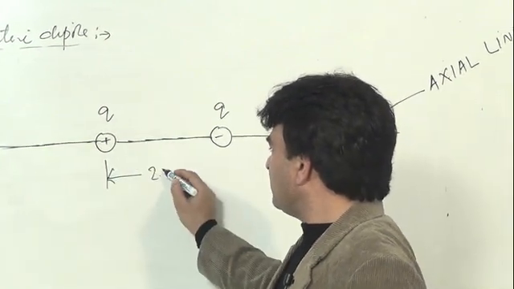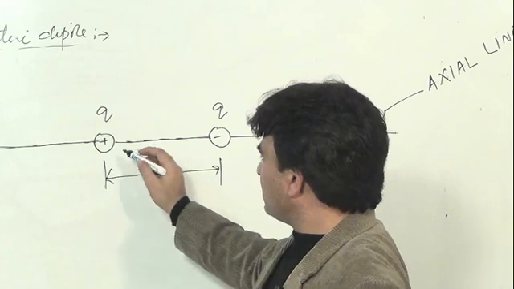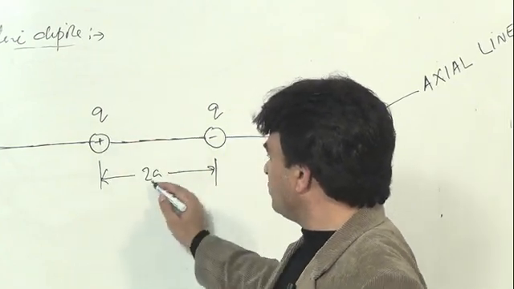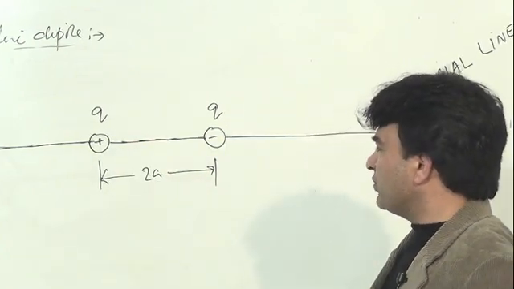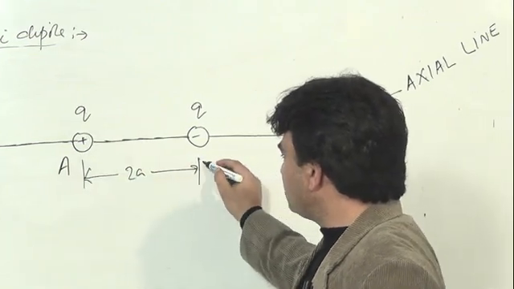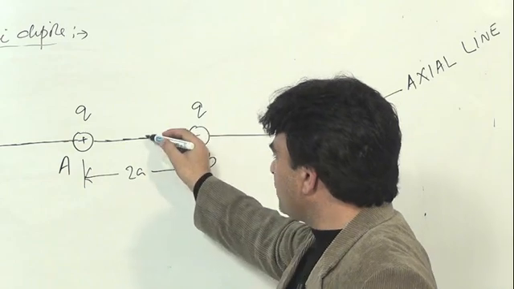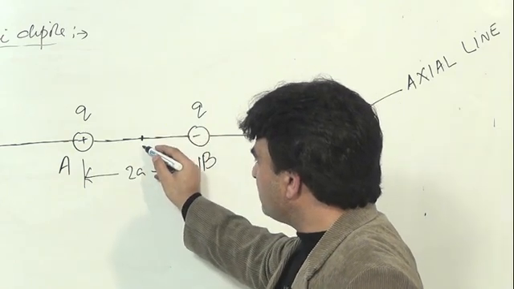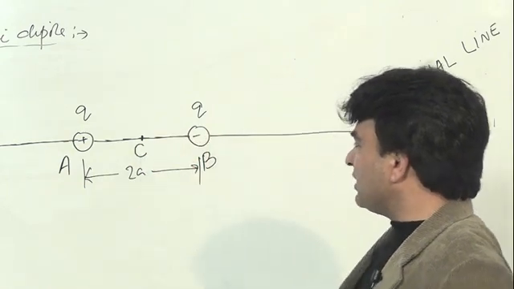This which I draw here, Q, minus Q, distance between them 2a. Let this be point A where the positive charge is placed, this is point B where the negative charge is placed, and let us suppose that this is the center of the electric dipole, C.